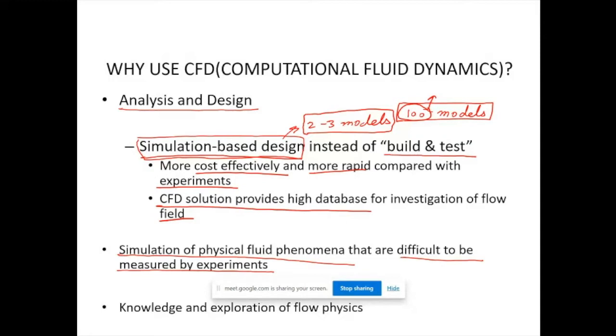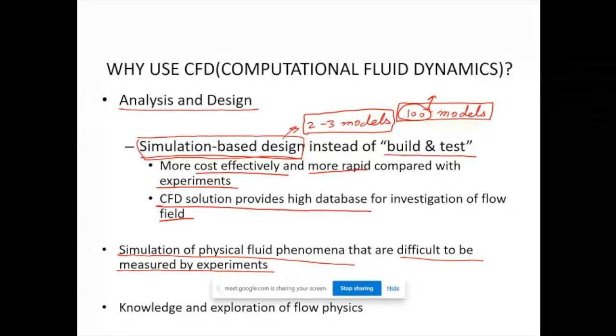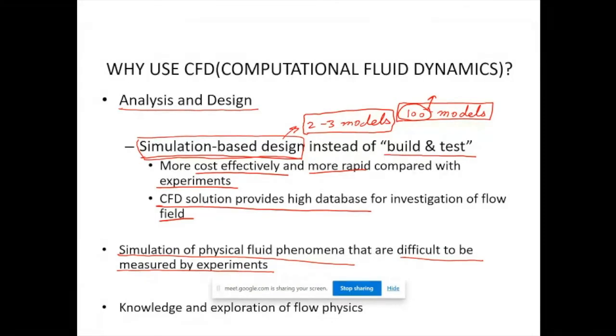If it is not possible, then there is only one choice, that is the CFD. So CFD has no barrier. CFD can predict temperatures up to 10,000 degrees Celsius, which you cannot get through experimentation because of material constraints. That kind of facility we have using the CFD.